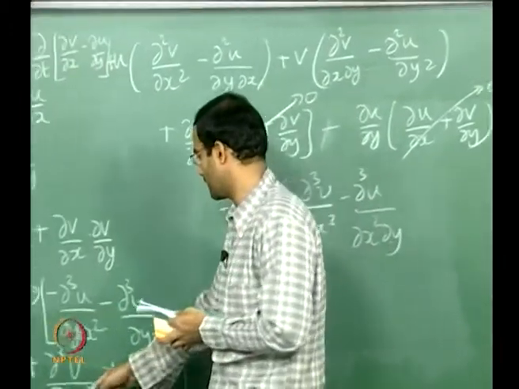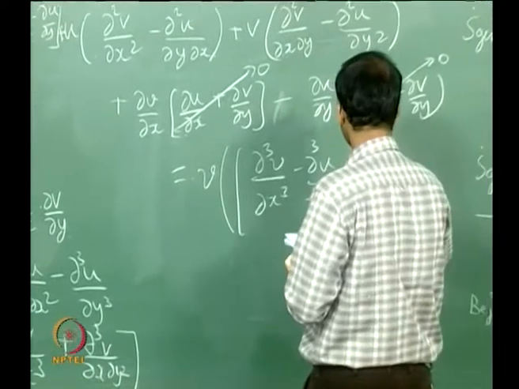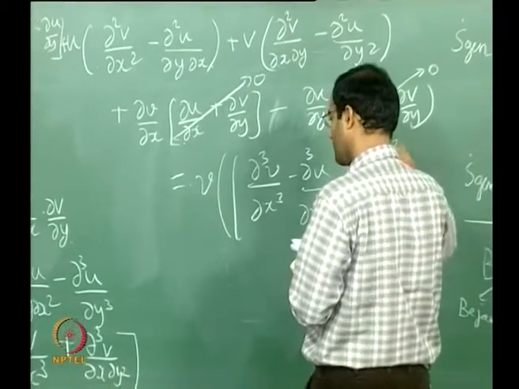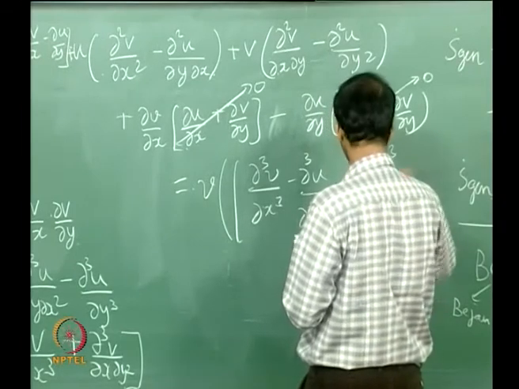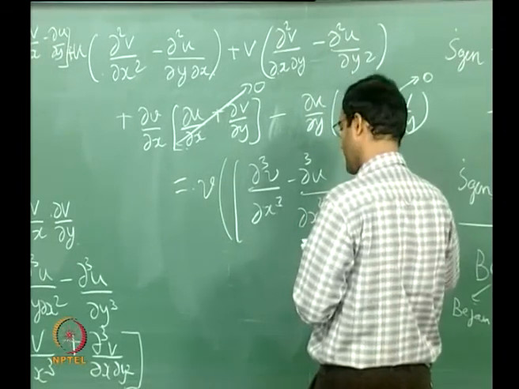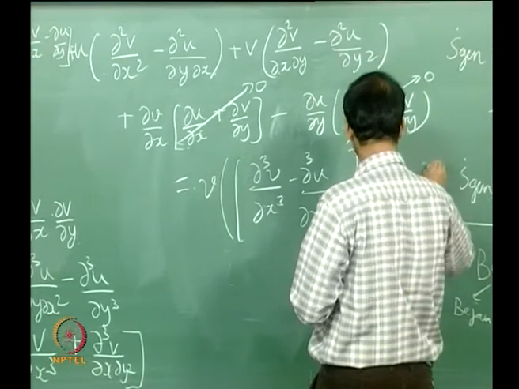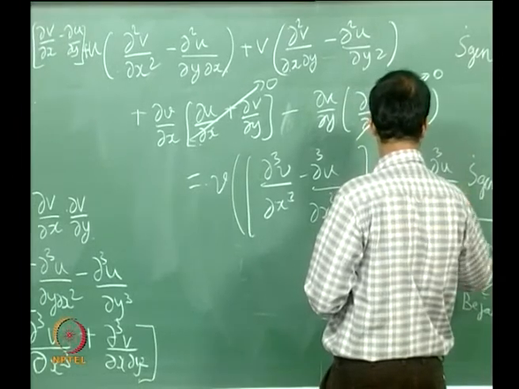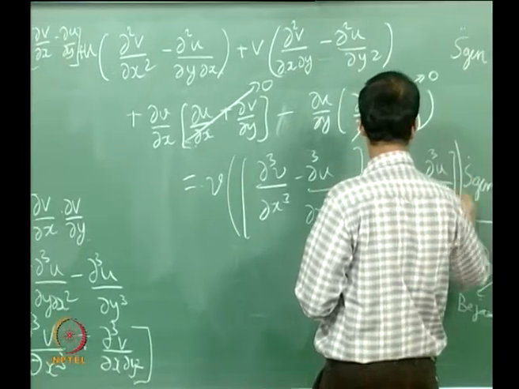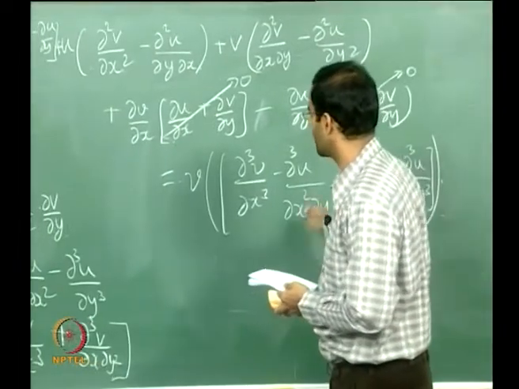Okay, so I am grouping these two terms, plus d cube v by dy square dx, minus d cube u by dy cube. Alright, so I am just grouping them.